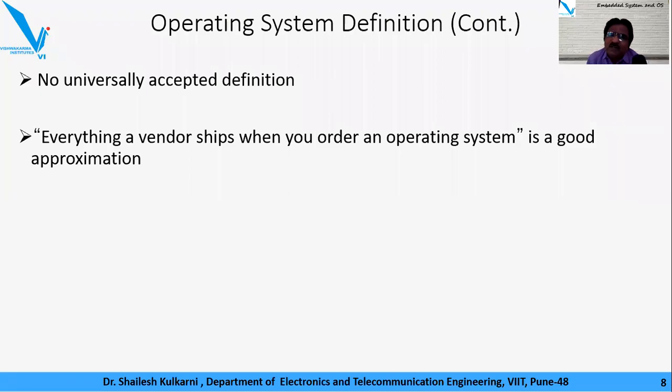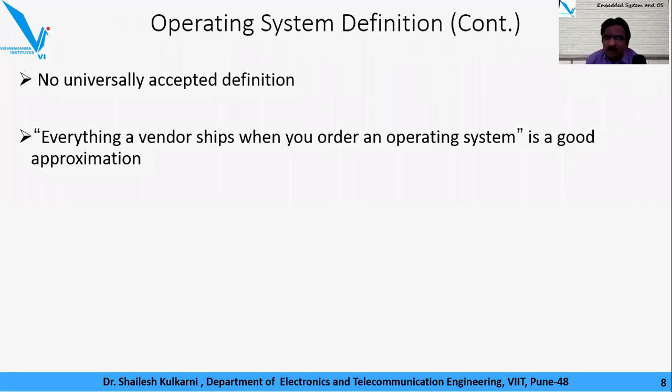So everything a vendor ships when you order an operating system is referred to as an operating system, like the different pieces of services that the vendor ships along with it.